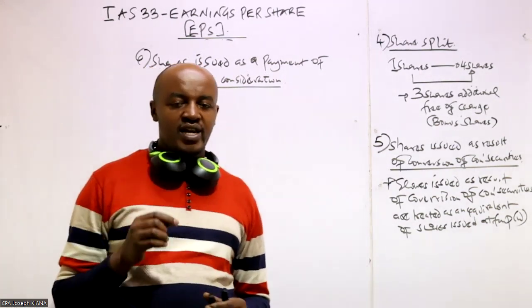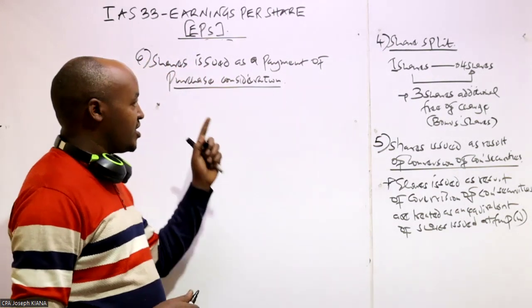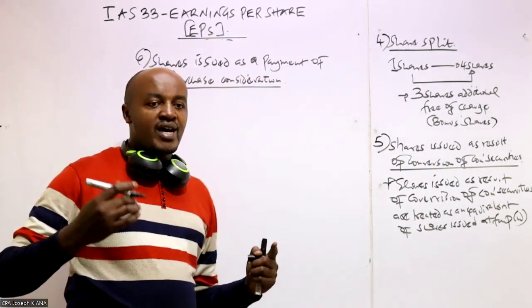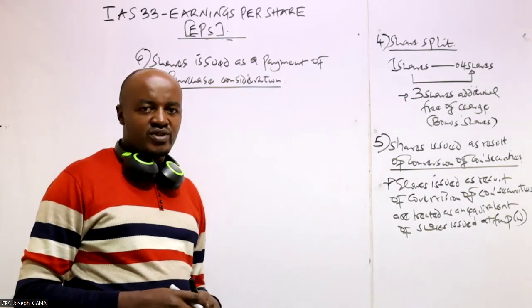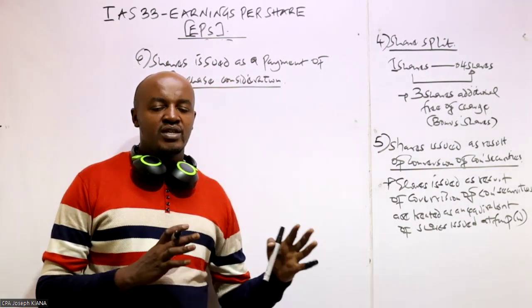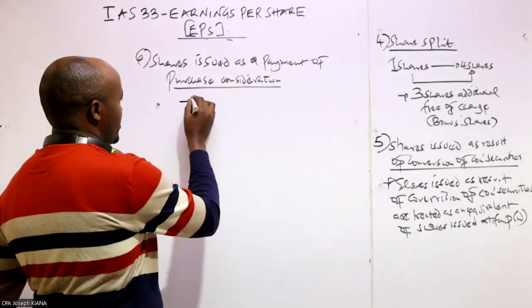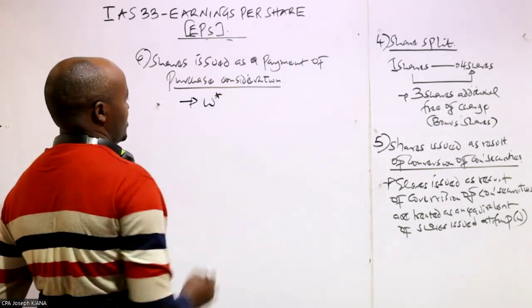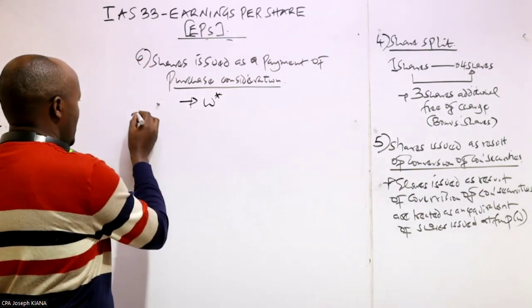Shares. So therefore, anytime the company has issued shares to pay the purchase consideration, the shares which have been issued equally are treated as an equivalent of the shares issued at full market price, meaning that for the purpose of computing the weighted average number of ordinary shares, these shares are also weighted on time basis. They will be multiplied with the proportion of time they were held during that year.